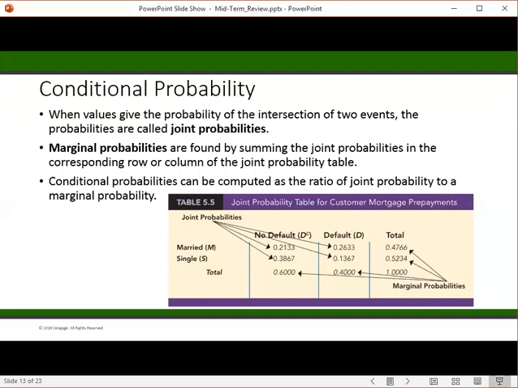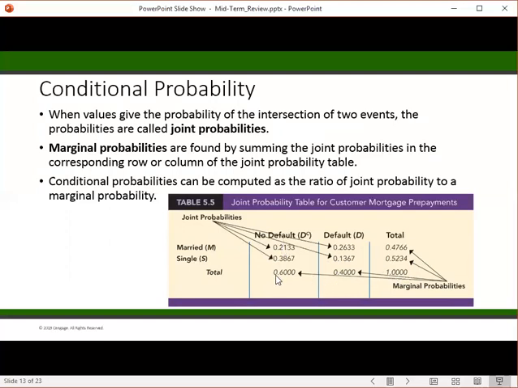The cells in the table where we have intersections are going to be the probability that you're married and you do not default, 21.33%. Married and you do default is 26.33%. Single and you do not default, 38. Single and you do default is 13. And this is of your overall probability out of the total.